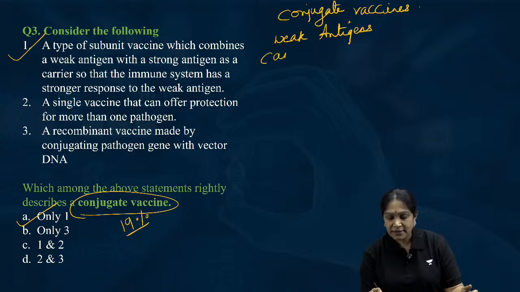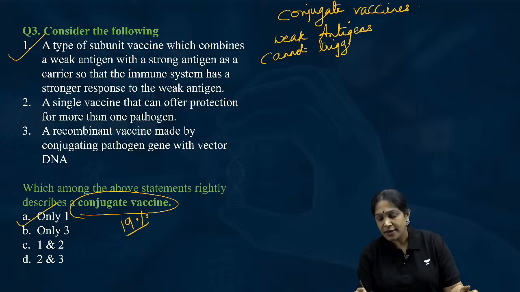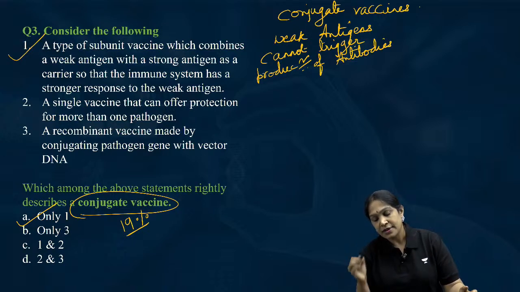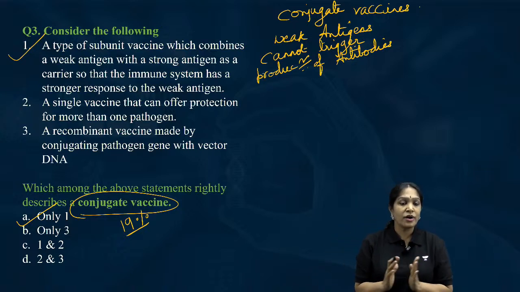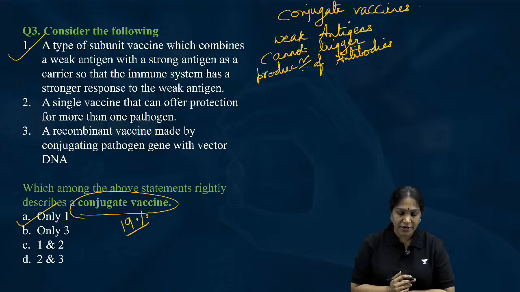It means they cannot trigger the production of antibodies. Weak in what aspect? Weak in the sense they cannot trigger the production of antibodies.